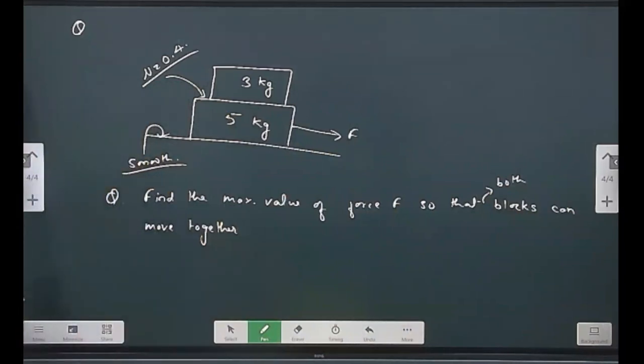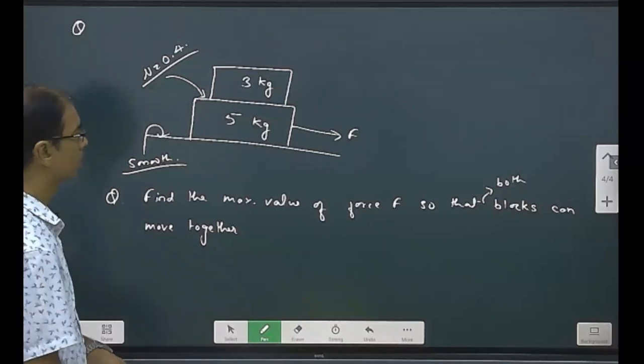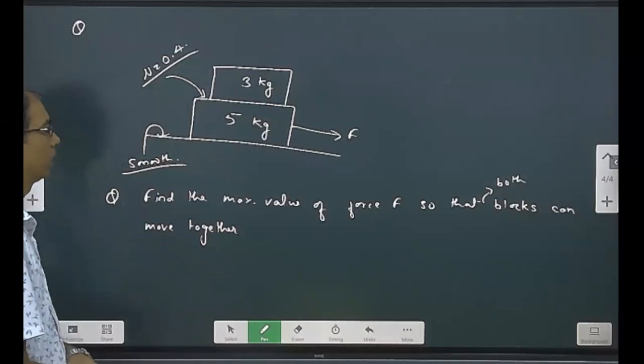Now that's the question this time. In earlier questions, I gave you force F and I told you to find out the common acceleration and acceleration of other blocks. This time around, he says, find the force itself so that the two can move together. Okay, so note the question, see how we are going to solve this.